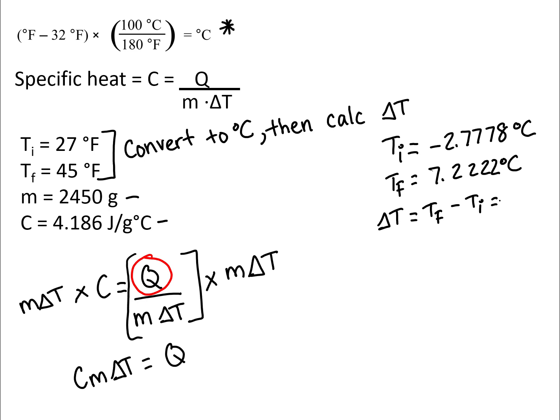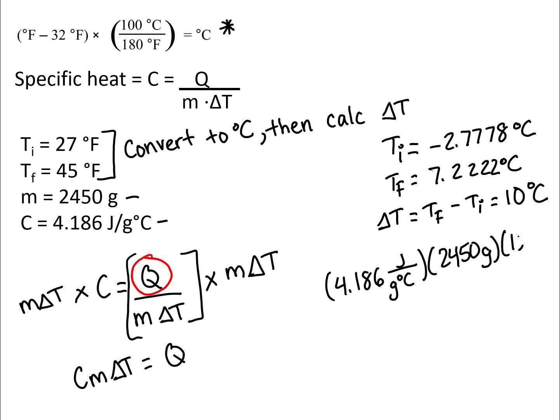So you should get about 10 degrees Celsius for your delta T. So that's what you should end up doing to get an answer.